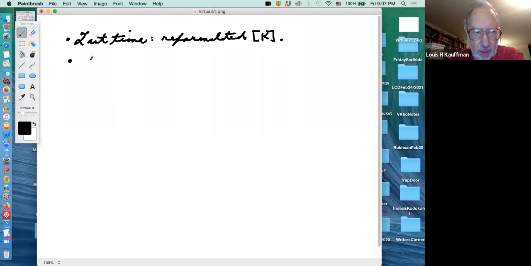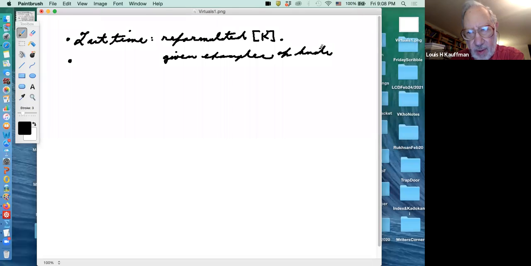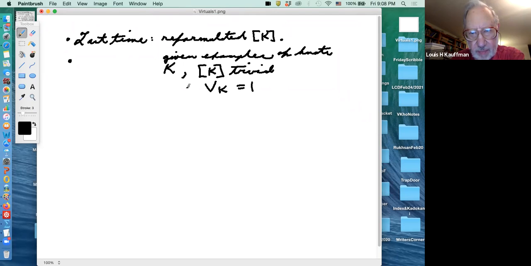And we had also given examples of knots, virtual knots K with bracket K trivial, or Jones polynomial equal to 1.